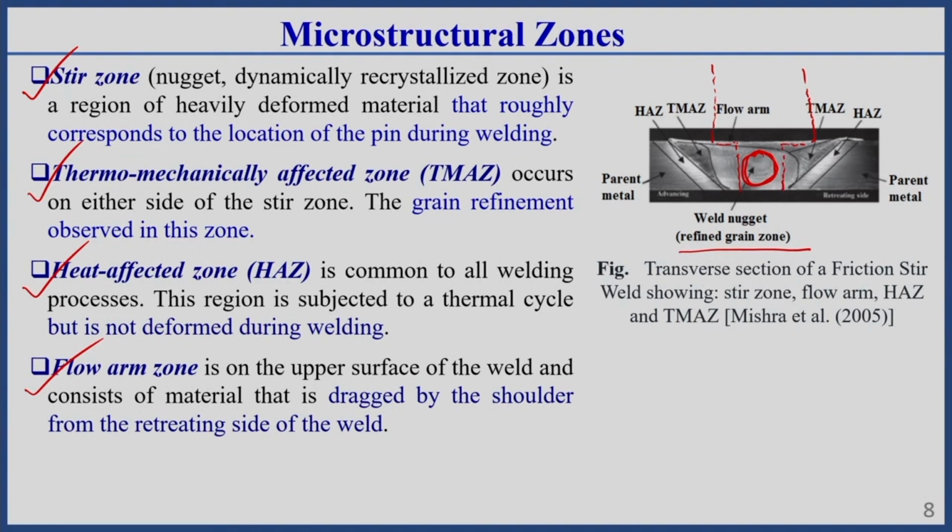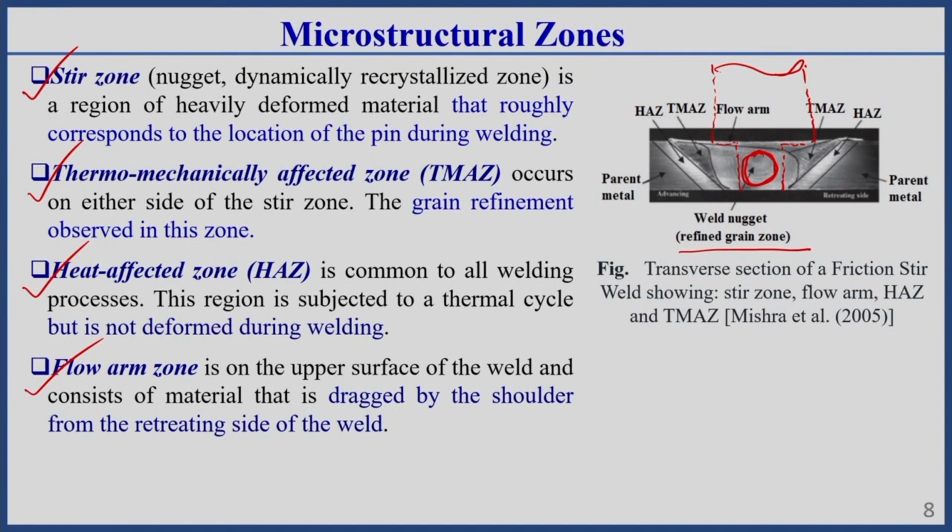So this is the shoulder zone, and this is the tool pin zone. Near the tool pin zone, whatever zone we get is called the stir zone, or sometimes it is called the nugget zone, or sometimes the dynamically recrystallized zone. This you should keep in mind.